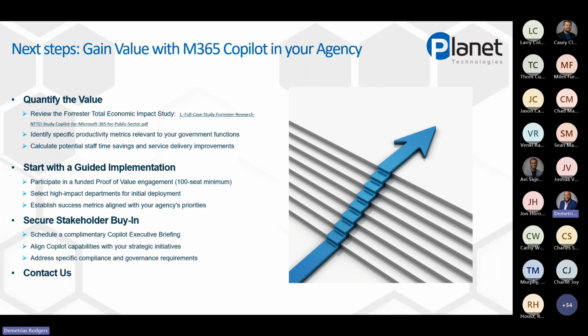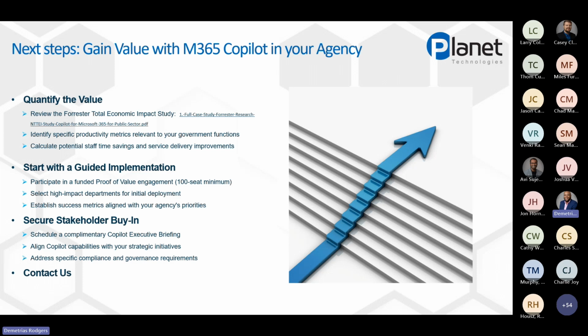But also being able to start calculating potential time savings and service delivery improvements, right? When I was in the government, everything I did, I wanted to make sure I had a certain methodology to deploy things, whether I had a service portfolio lifecycle management process or a specific pilot POC type of setup where I would be able to say, okay, we're going to do this very guided, very structured.